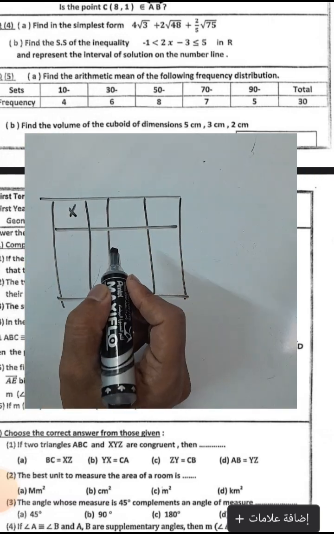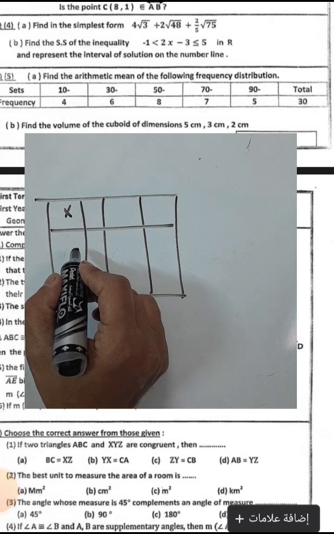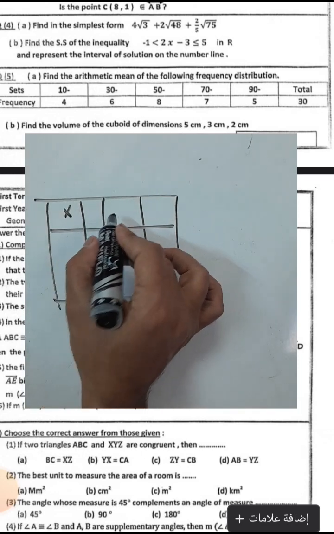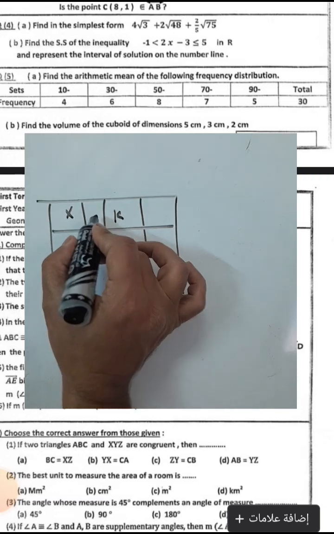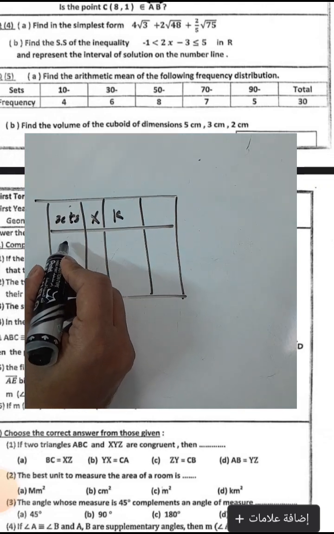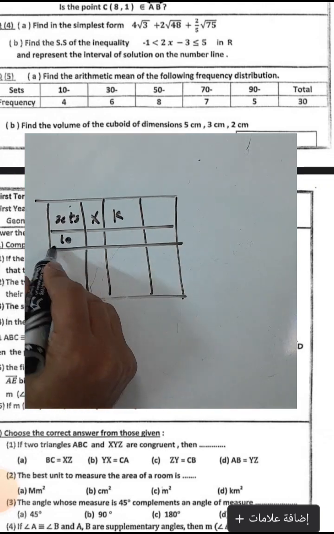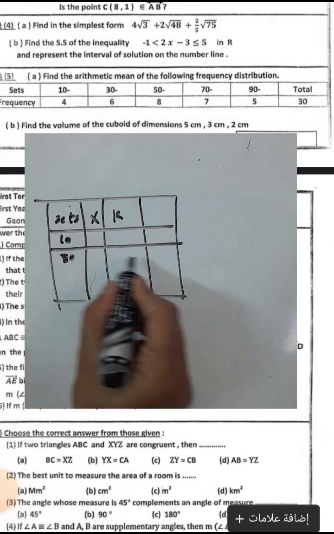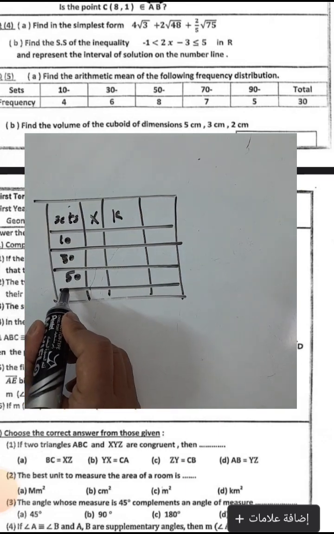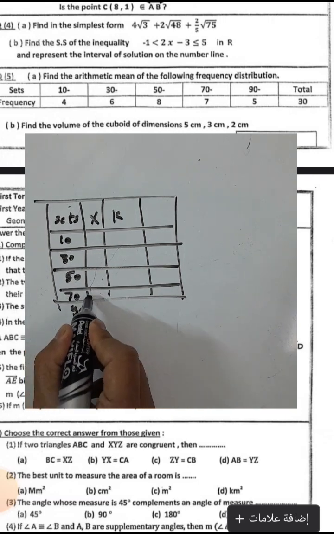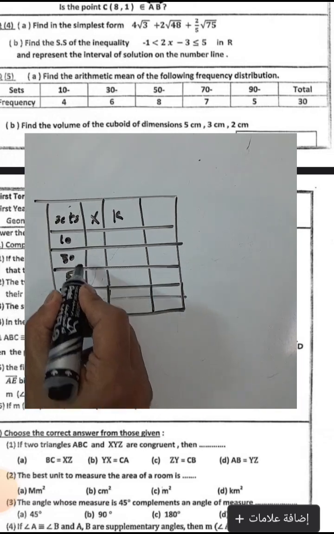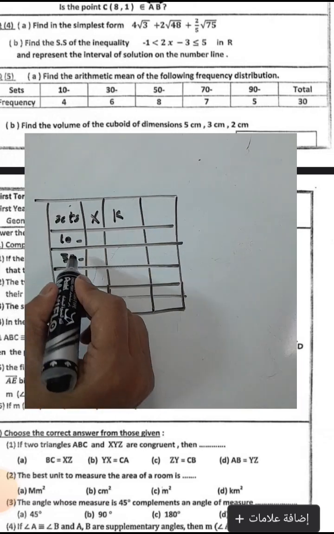The midpoint x of each interval: here 10, 30, 50, 70 and 90. These are the intervals. Okay, 10 plus 30 is 40, 40 divided by 2 is 20.